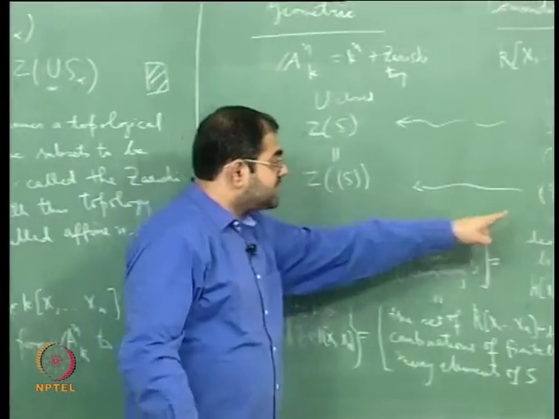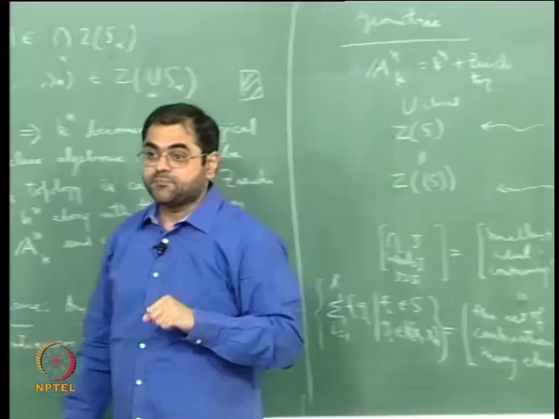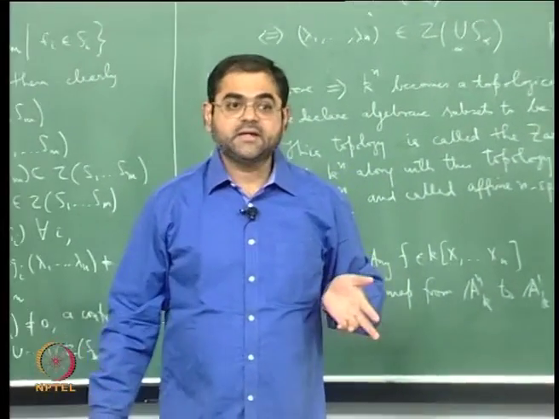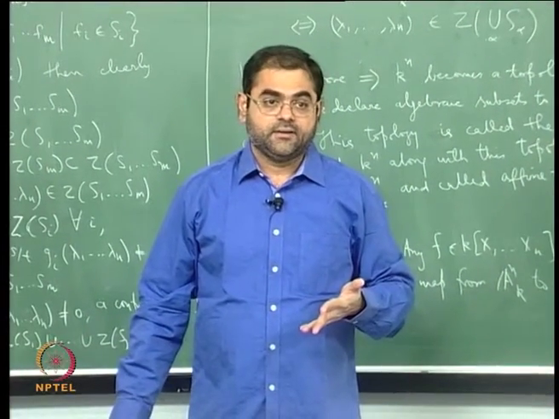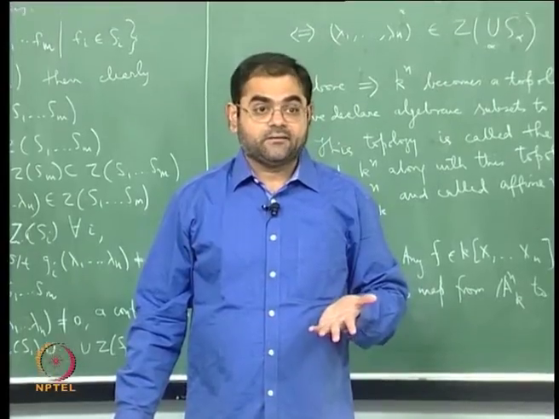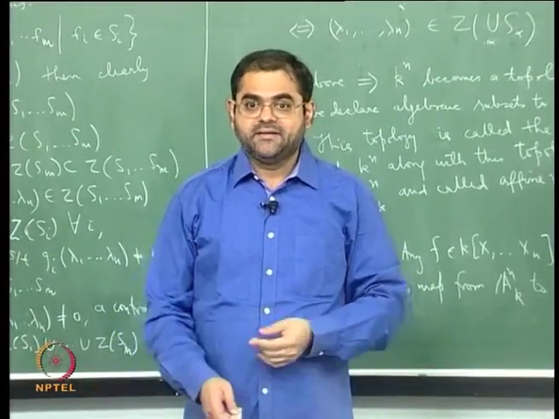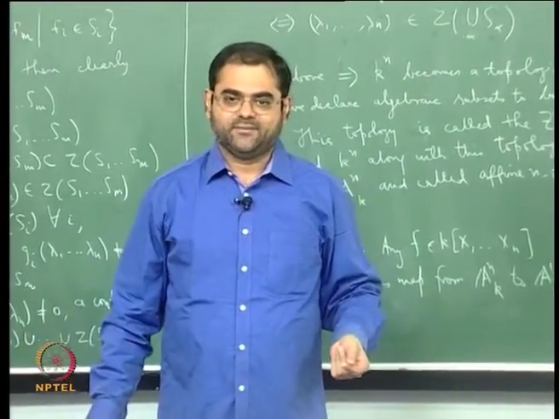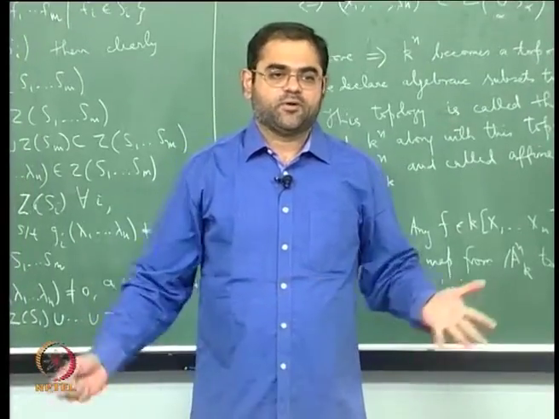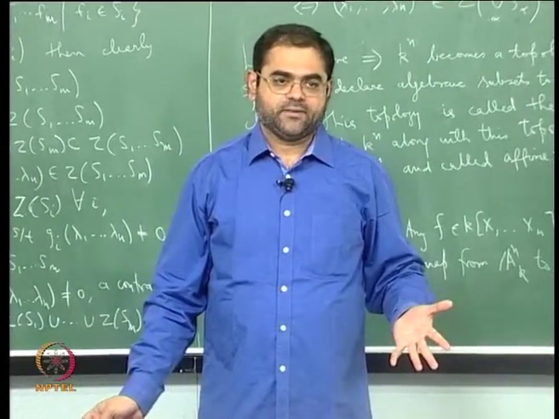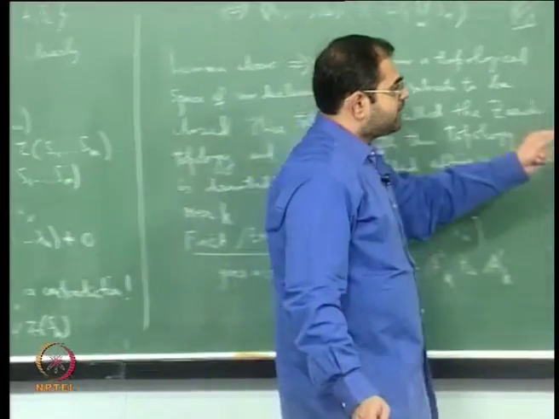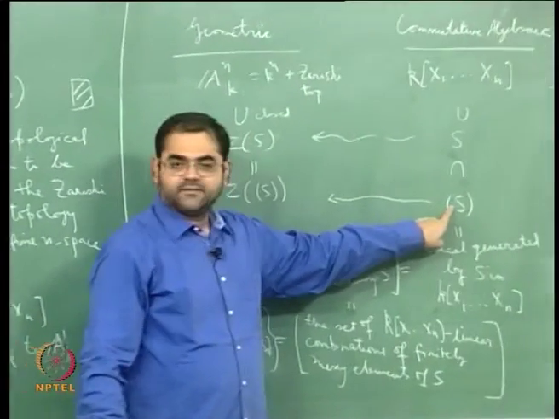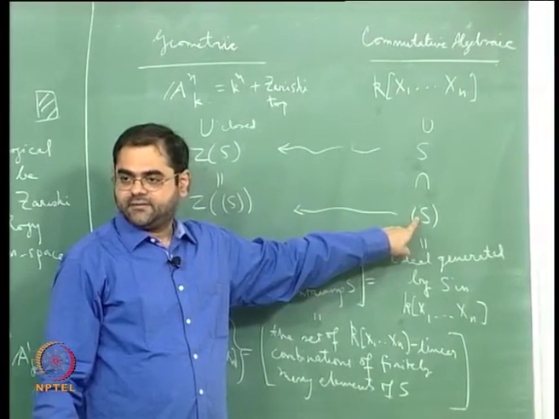But if you take the ideal generated by that polynomial, it's a principal ideal. It consists of all multiples of that polynomial, and the number of polynomials in that ideal is huge, okay. You have so many polynomials, okay, and this set is a huge set, okay.